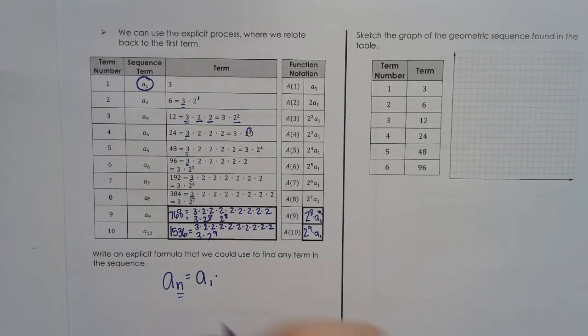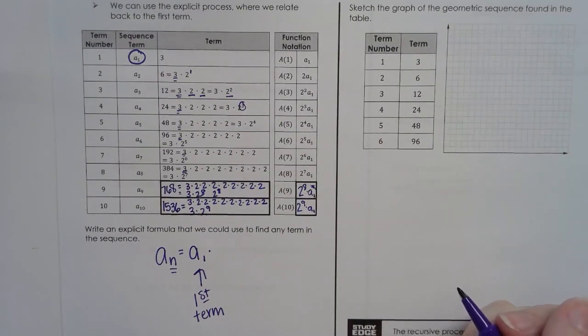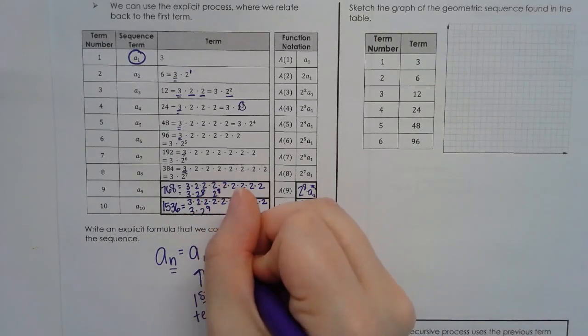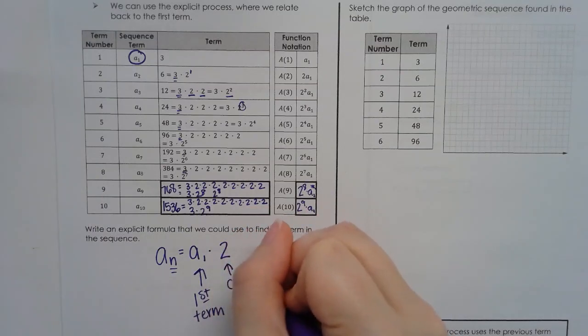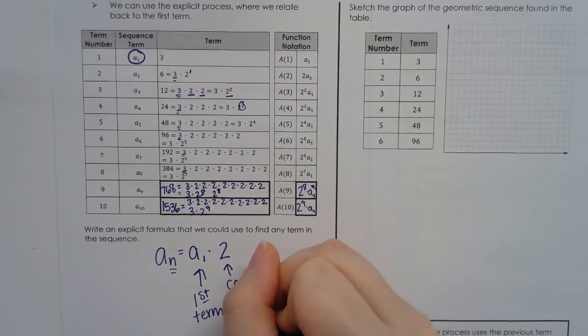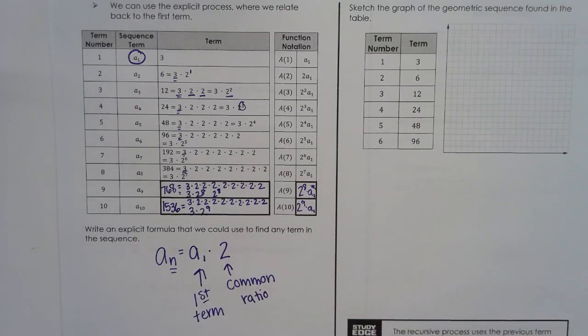Now remember that 2, so this is my first term. Let's label that. And then 2 was my common ratio, that common thing that was being multiplied every time. So it was times 2. But this time, instead of only multiplying by 2 once, since I am trying to find any numbered term, I'm not multiplying by the term right before it.